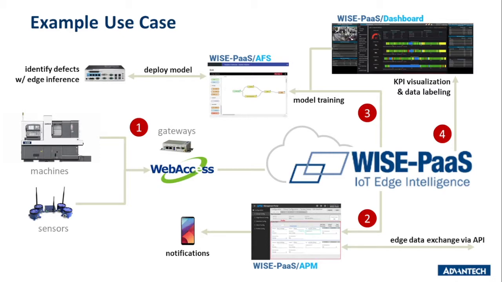Or we can use AFS to start doing model training, to work with data, as well as to deploy the model that has been trained on AFS back to the edge device to start doing edge inferences. And lastly, but also very importantly, we will be able to visualize all this data using our dashboarding solutions.